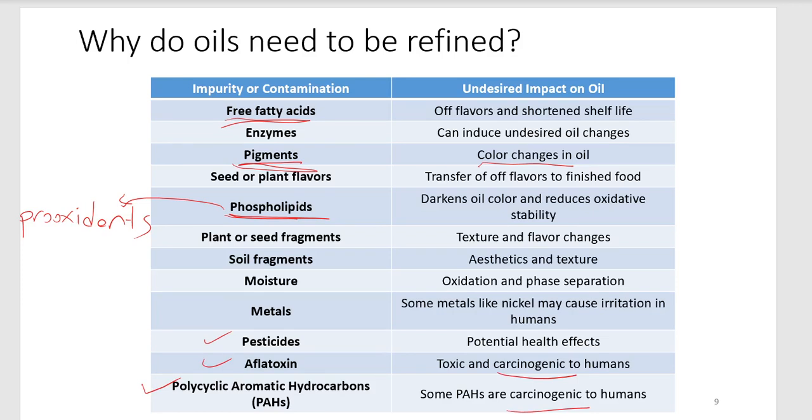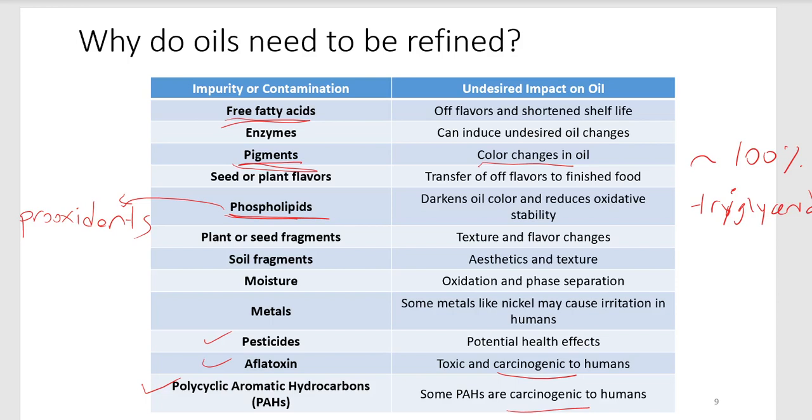So when we remove most of these impurities, the remaining oil will be almost 100% triglycerides. So these impurities must be removed to produce oil with desired color, flavor, and shelf life.